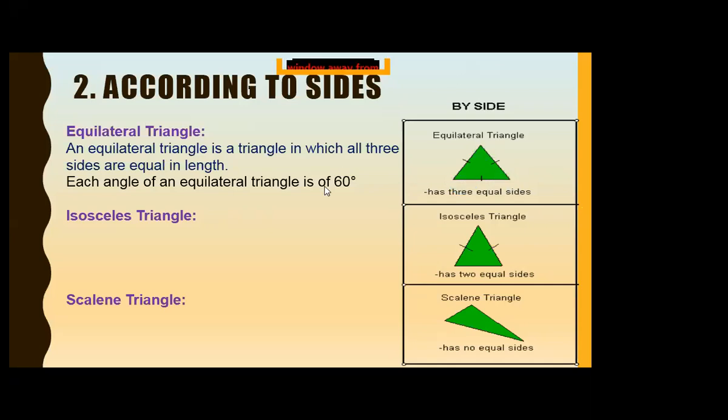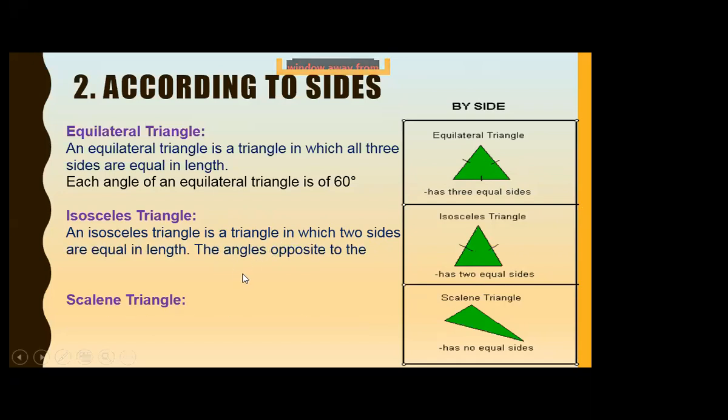Now what about isosceles? Isosceles has two sides equal. ठीक है? Having two sides equal, and the angles opposite to the congruent sides are congruent. Here these two sides are equal, so the angles opposite to the congruent sides are congruent. ठीक है, this angle and this angle are congruent. The angles opposite to the equal length sides are also congruent.